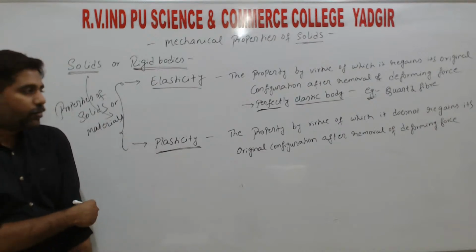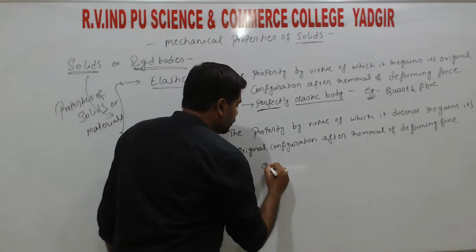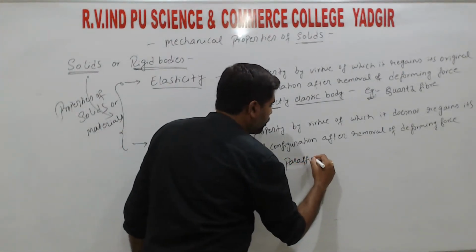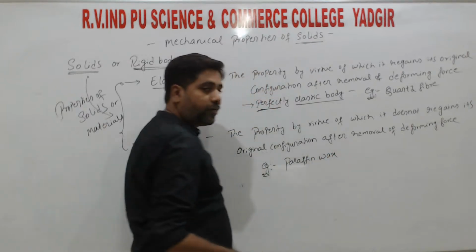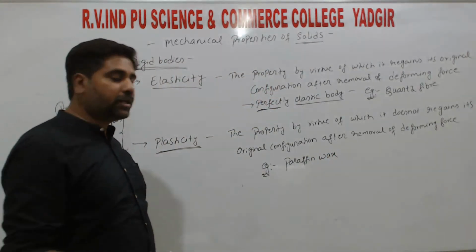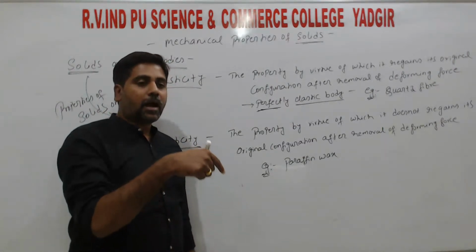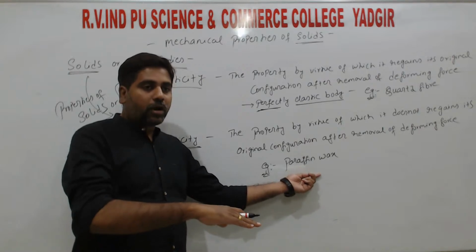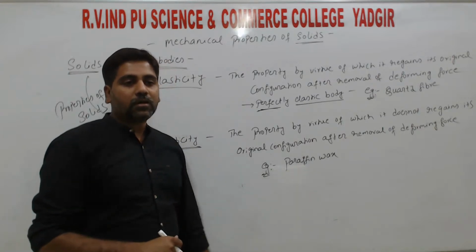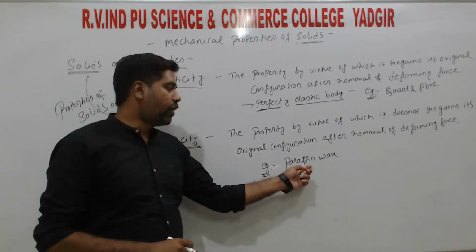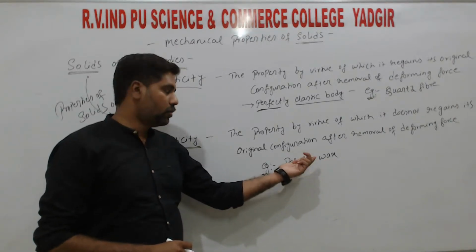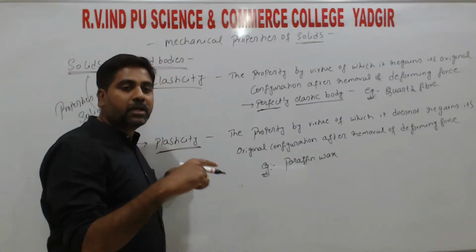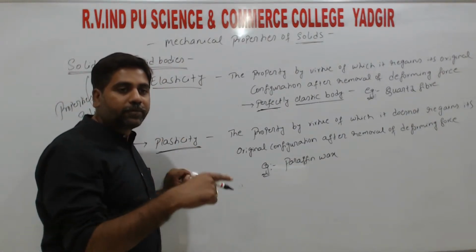So the best example for plasticity is paraffin wax, that is Vaseline, right. Observe that if you apply force to Vaseline, it gets compressed at that place. Again it will not come back to its original configuration, right. So paraffin wax or Vaseline or candles. If you apply force to candles, the shape changes.